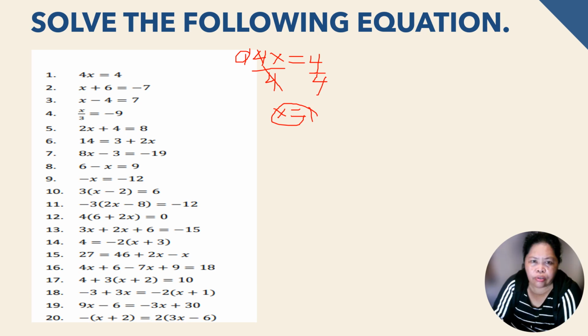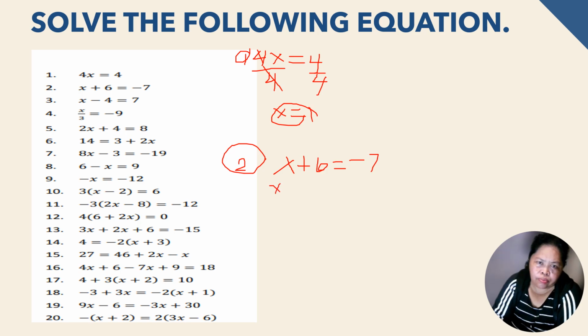Then we have here number 2, x plus 6 equals negative 7. So x plus 6 minus 6 equals negative 7 minus 6.